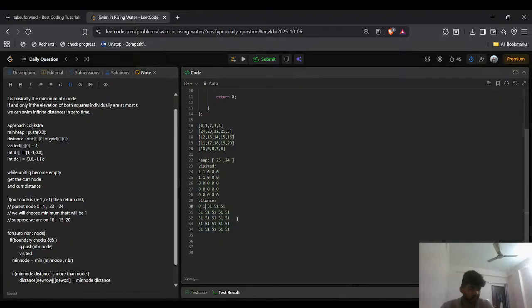Others are, actually, these 51s are infinite, int max. I can write int max, but it will take us so long. Long distance. I'm just writing 550. It also works. No need to worry.